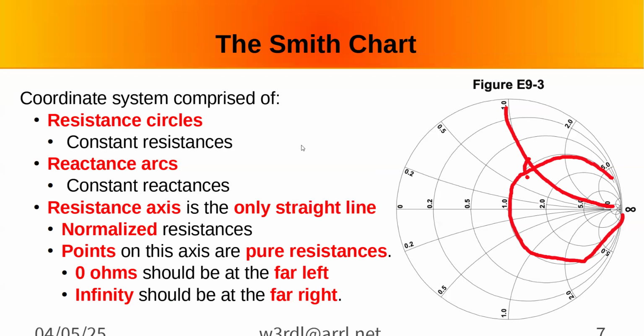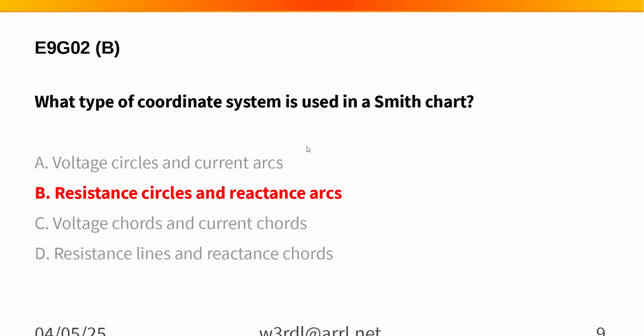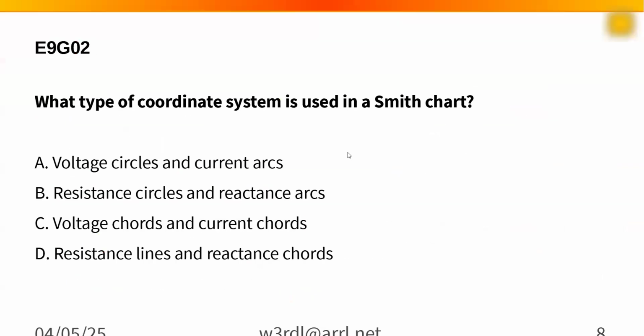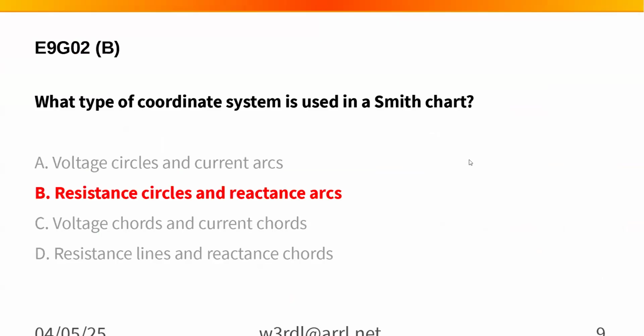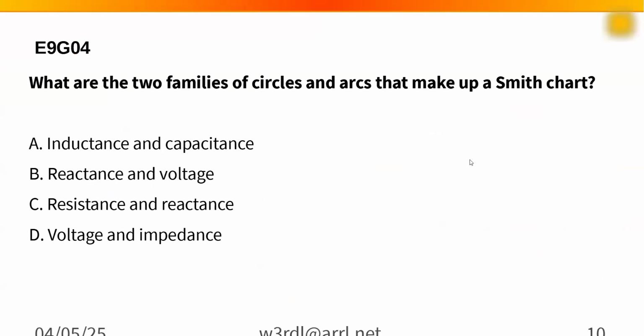Smith charts are simple. Whoop. Yeah, sure. And that's an easy one. What coordinate system is used in a Smith chart? What are the two families of circles and arcs that make up a Smith chart?